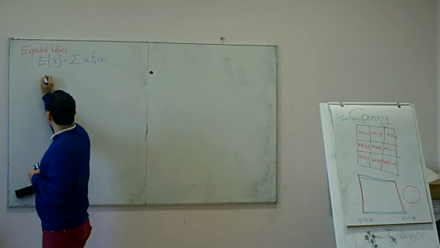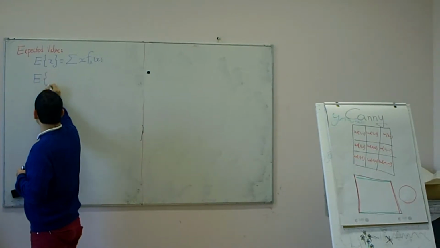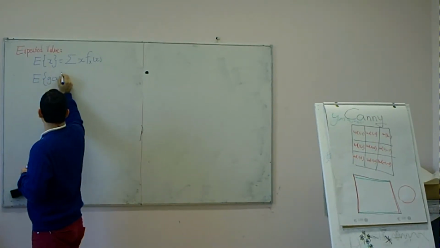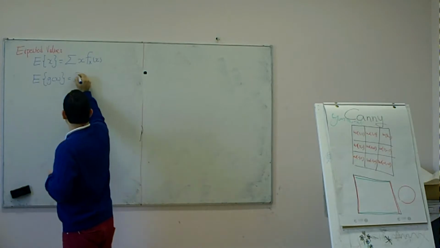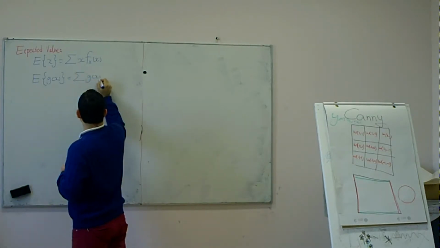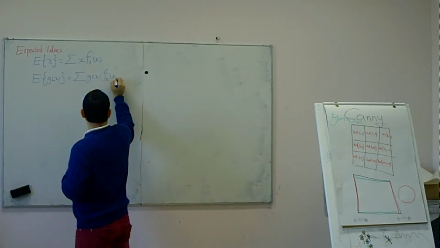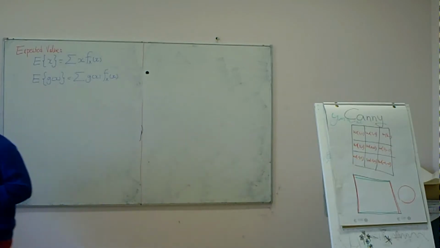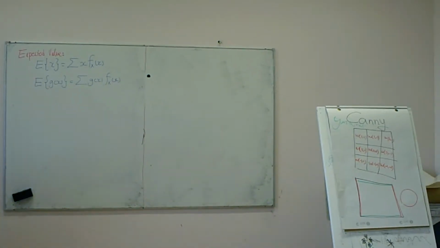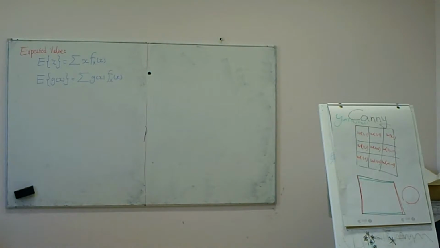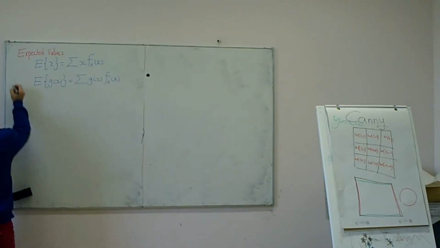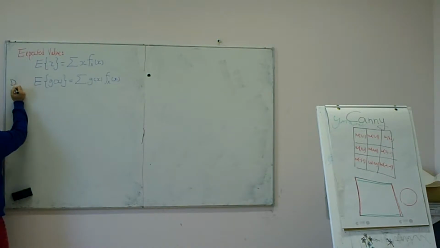And we said that if we calculate the expected value of a function, we basically calculate this summation in the discrete form. This is for the discrete notation.